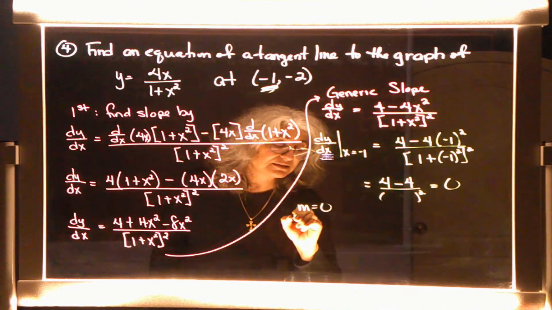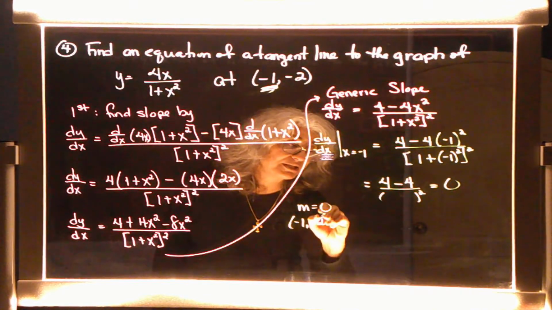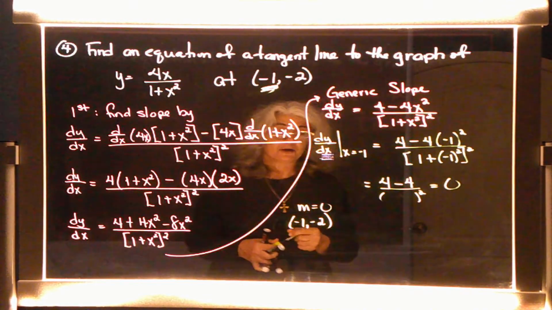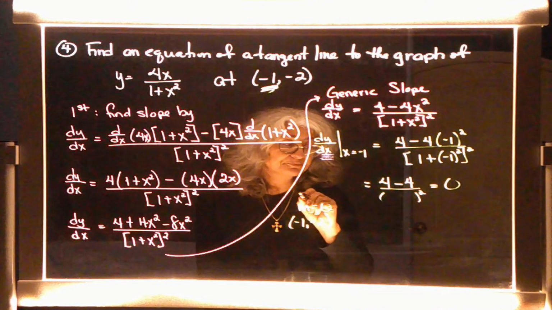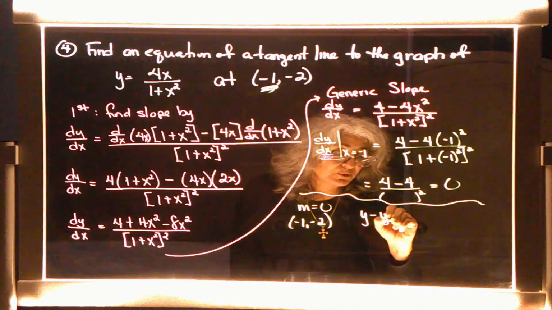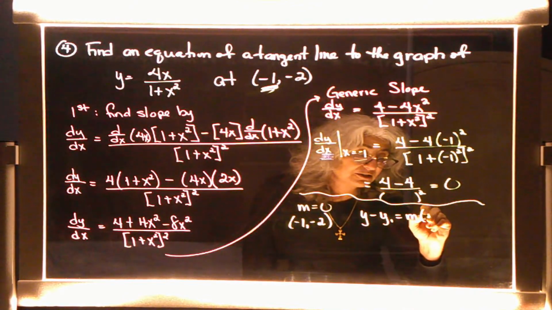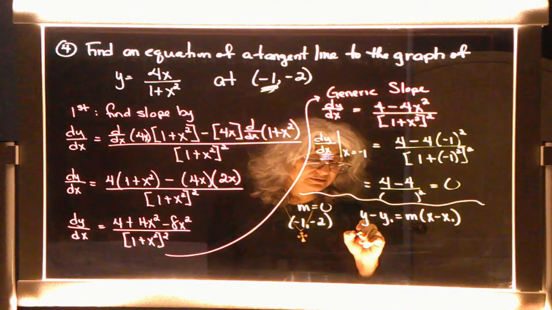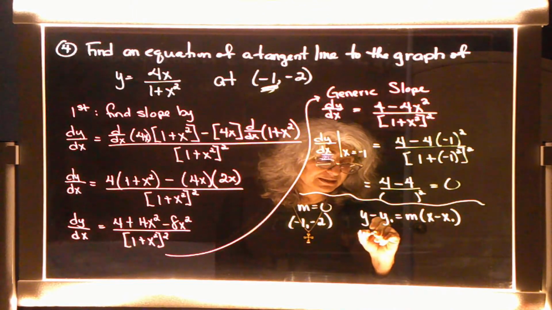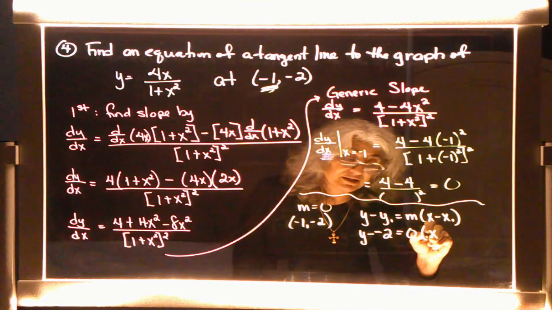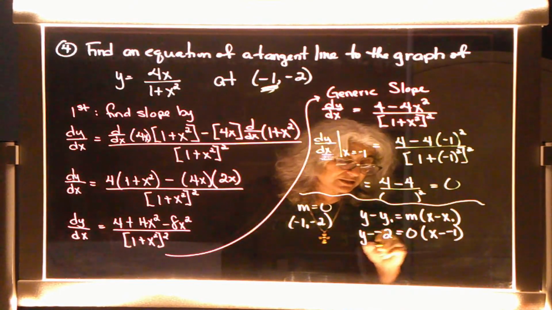My point is -1, -2, right? Which means when I look at the point slope formula and plug in my numbers, I get y minus a -2 equals 0 times the quantity x minus a -1.